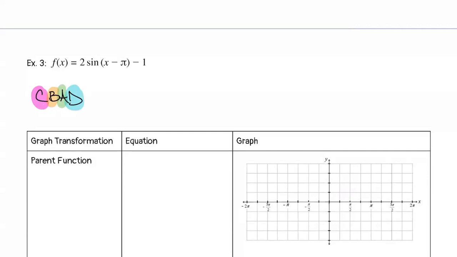Do we have what letters? Yeah, I would agree. We have C, we have A, we have D. What is our C value here? Yeah, the pi is going to be the C value. What is our A value? Perfect. And what is our D value?